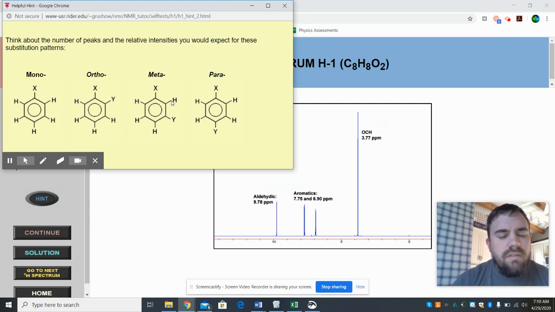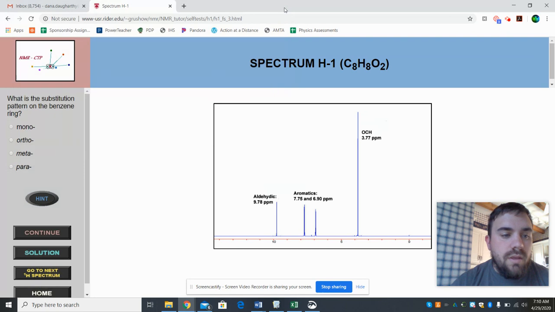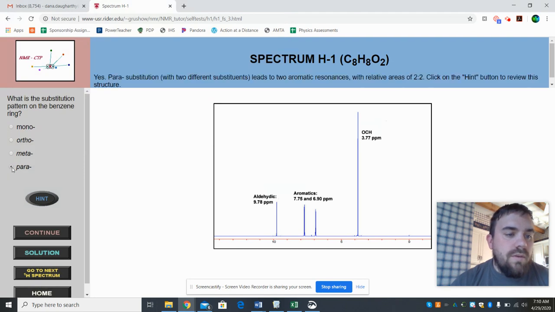Same thing with meta. This one would be different, this one would be different, this one would be different, this one would be different, because of their relative distances to both the ether and the aldehyde group. But the para position would give one for the aldehyde, one for the ether hydrogen, and then these guys would be chemically equivalent. So that's 3, and these guys would be chemically equivalent. So therefore, there should be 4. So it's going to be in the para position.